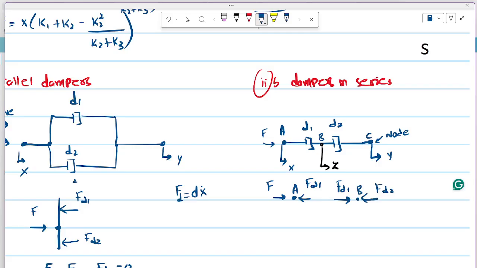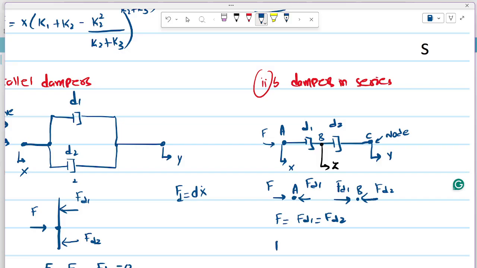So we can write F equals FD1. I'm doing it quickly, and since FD1 is equal to FD2, F equals FD1 and FD1 equals FD2. This is how we can write it directly.